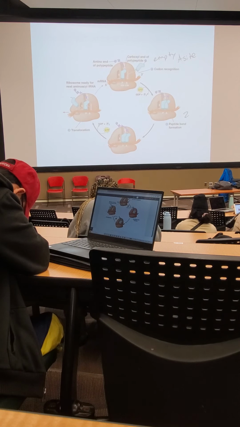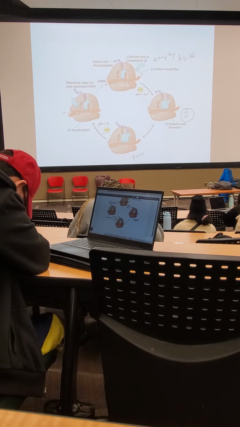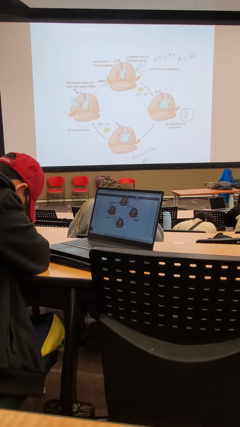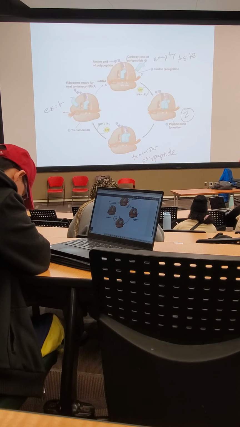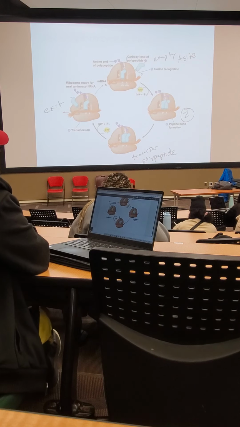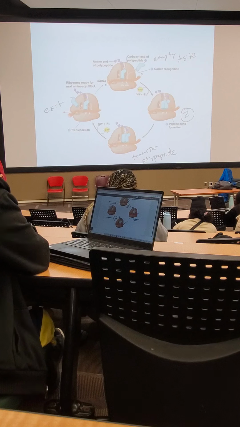They're labeled. I'm just trying to draw a picture. Then you have the transfer of the polypeptide, and then you have the exit. So if you saw a picture like this, and it might not be arranged like this, hopefully you'll be able to identify where you are in this process, like which came first. Any questions on that?